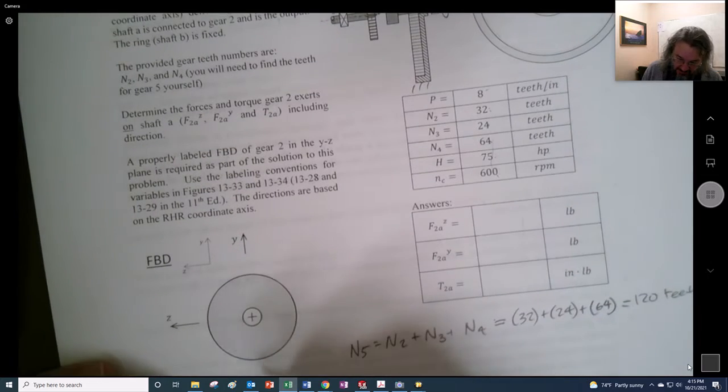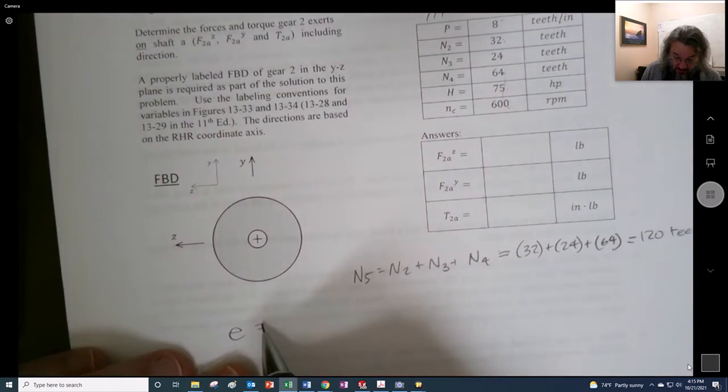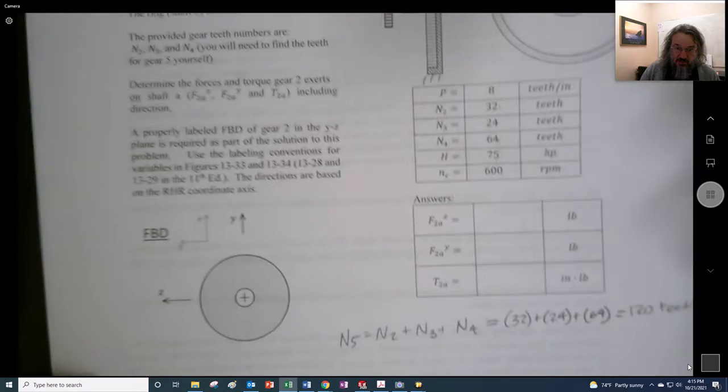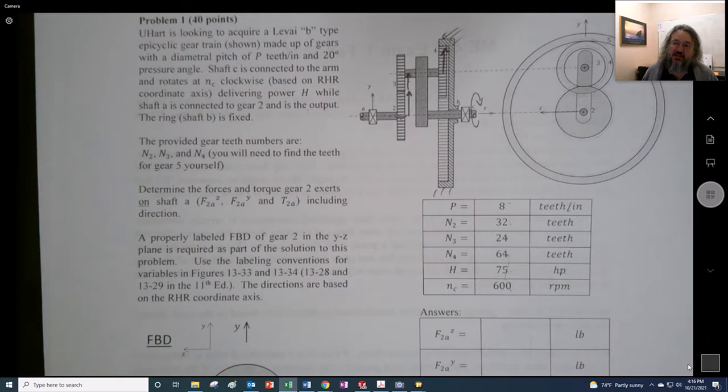So let's get the E first. The E is going to be the multiple of the driving divided by the driven. So let's start with 2. Even though this configuration uses C as the input, that doesn't change that we can start with the sun and work our way forward.